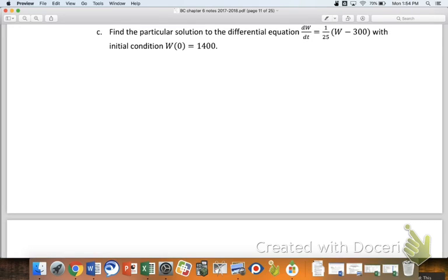Whether you did or didn't distribute the 1/25th, I'm seeing some major issues on how to deal with the W, right? So here would be my proposal. What I would do right off the bat is divide both sides by W minus 300.